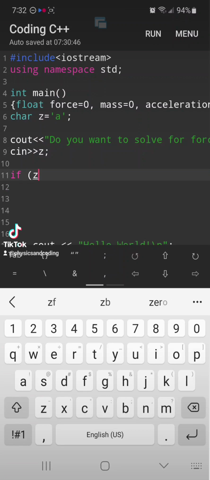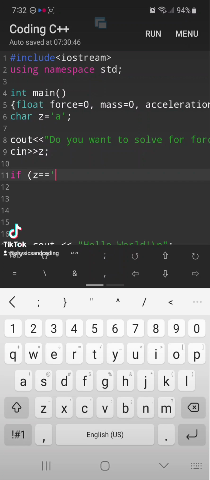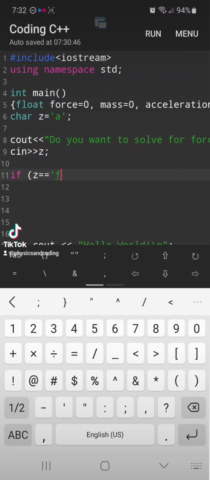So if Z equals force, and it has to be double equals, because one equal sign means we're setting it equal to. Two equal signs means is it equal to.